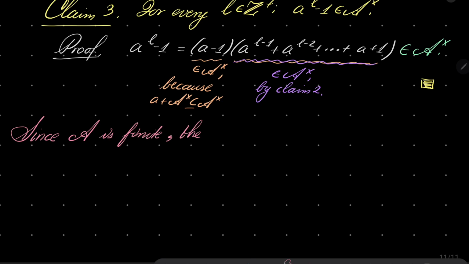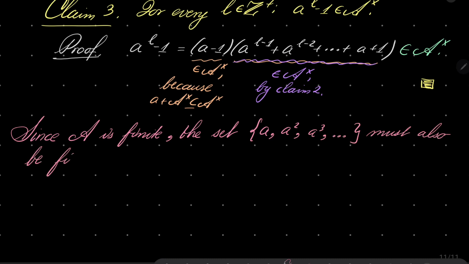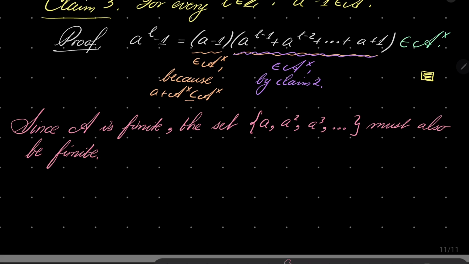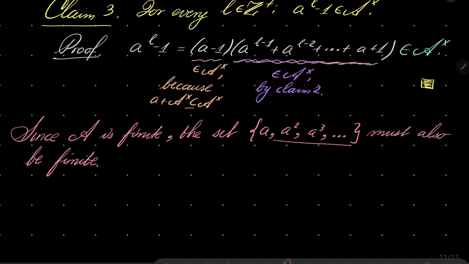the following set, the set which has a squared, a to the third power, and so on, must also be finite. It also must be finite, which means that at least two elements of this set must be the same.